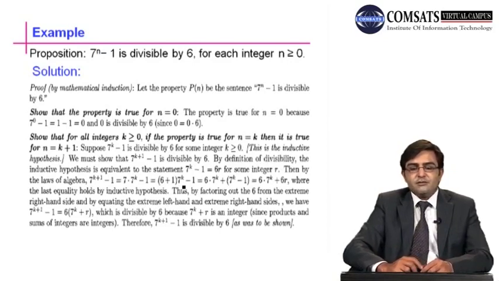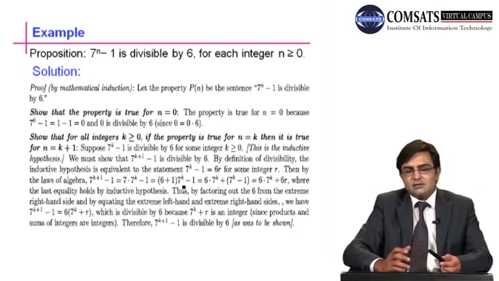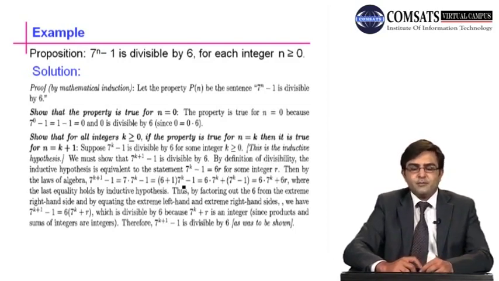First we shall prove it for n is equal to 0, and because 7 power 0 is 1 and 1 minus 1 is 0, and 0 is divisible by 6, this property is true for P(0), means for n is equal to 0.